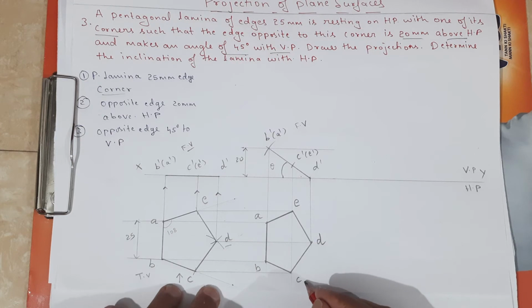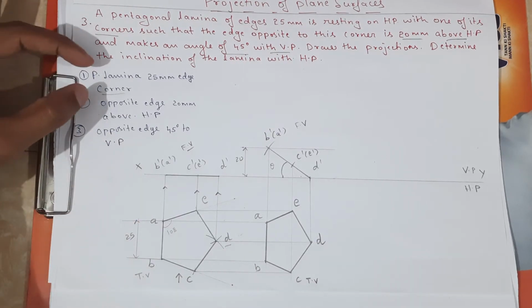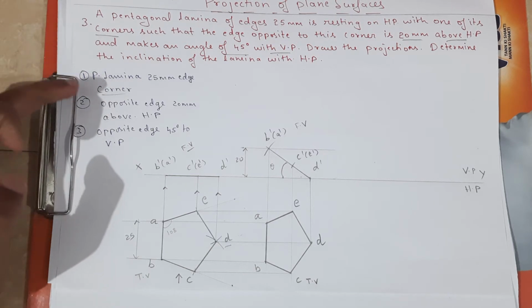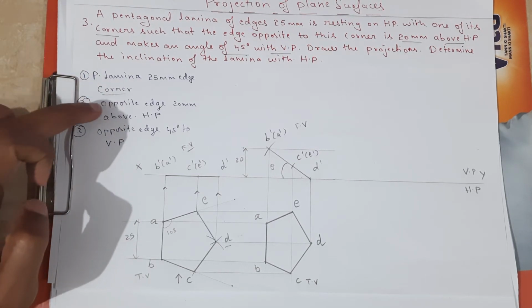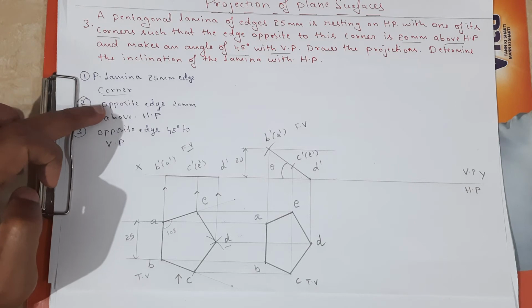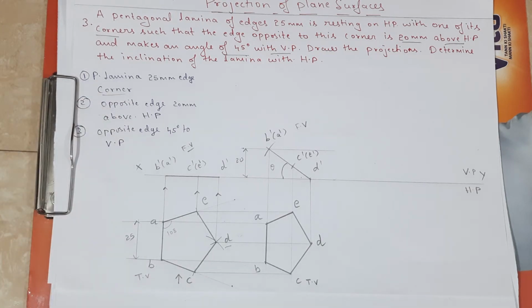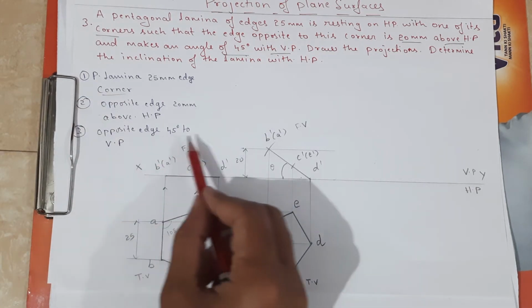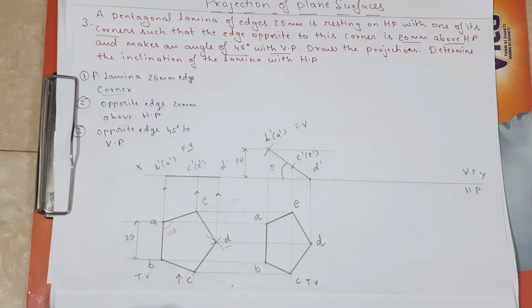So this is a top view which satisfies these two conditions. It is resting on a corner, and the opposite to this resting corner, that is the edge, is 20 mm above HP.